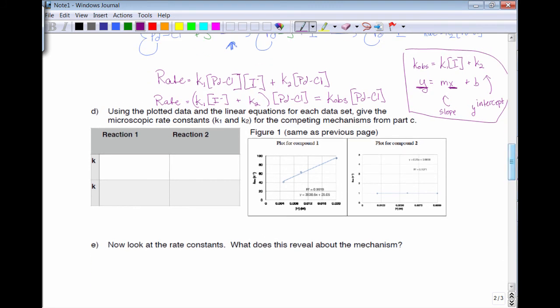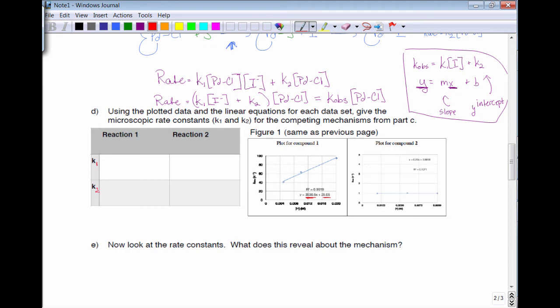So this says that using the plotted data and the linear equations for each data set, give the microscopic rate constants for the competing reactions. So here, if I look at reaction number 1, here's the slope of my line, and here is the intercept. And so this should say K1 and K2, and I'm sorry if yours doesn't.